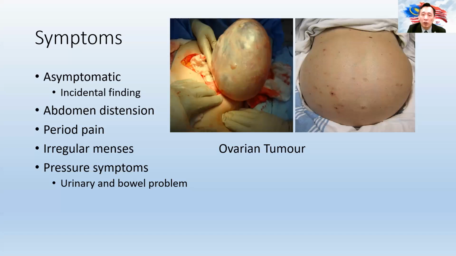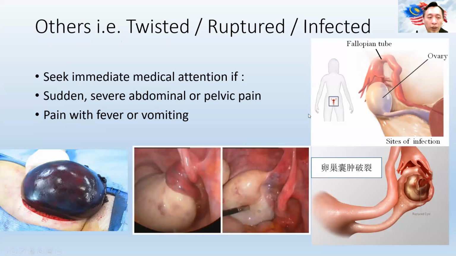So you want to see whether the tummy is distended. Most of the time it's asymptomatic. It's an incidental finding during the physical examination. There may be period pain, irregular menses, and pressure symptoms on the bowel and also the bladder. When the mass becomes so big, it becomes a risk of twisting, perforation, and infection.